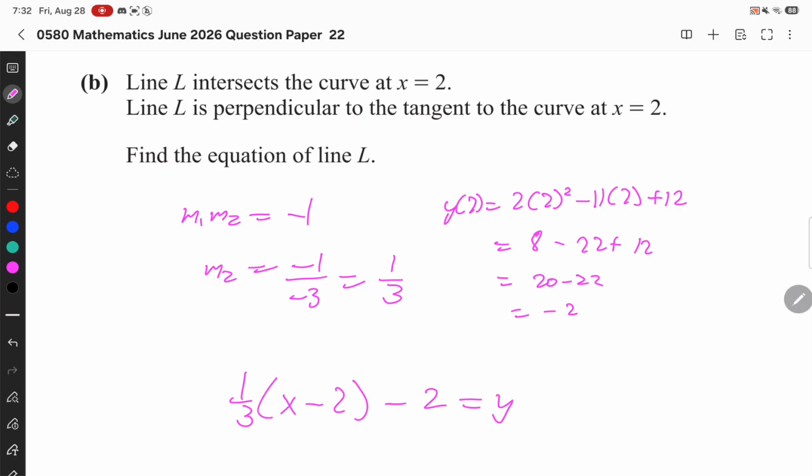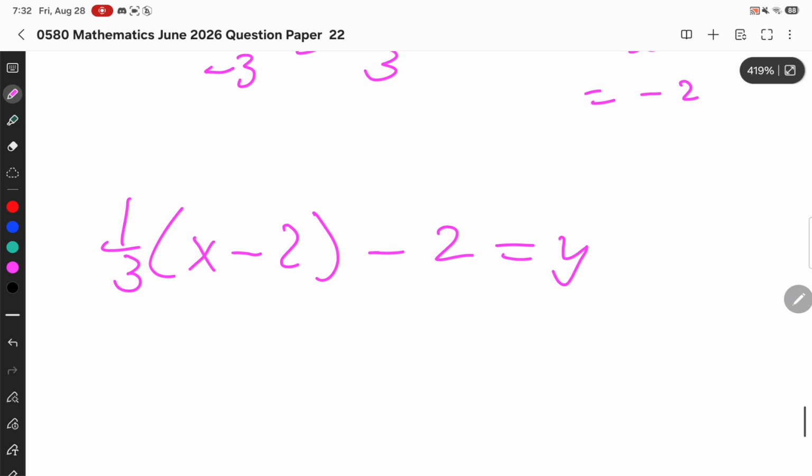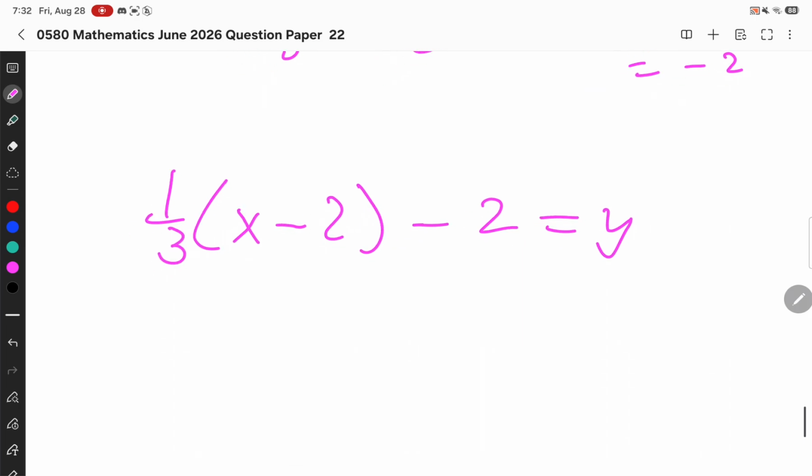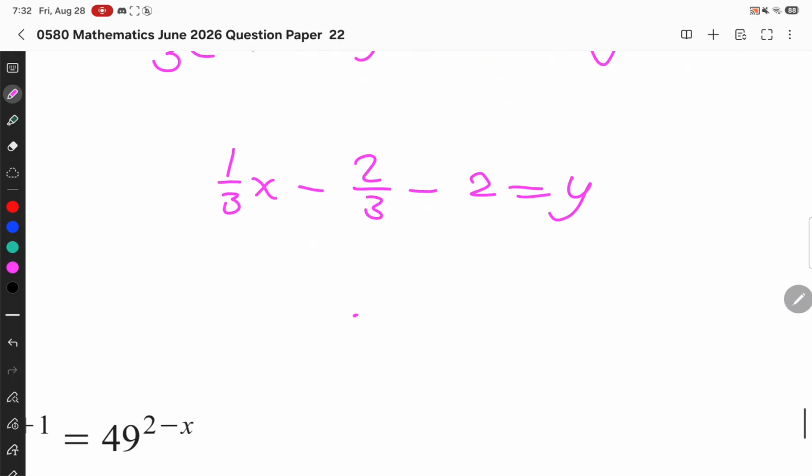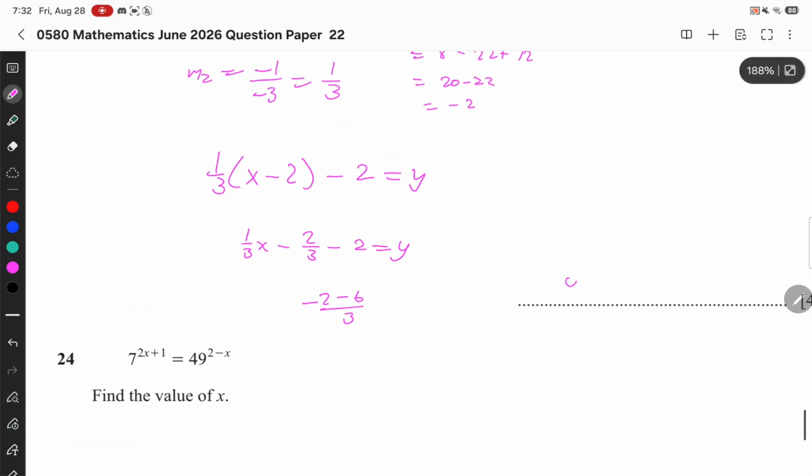Let's expand this. We get a third x minus 2 over 3 minus 2 is equal to y. Let's simplify this. This is negative 2 minus 6 over 3. So our answer is y is equal to a third x minus 8 over 3.